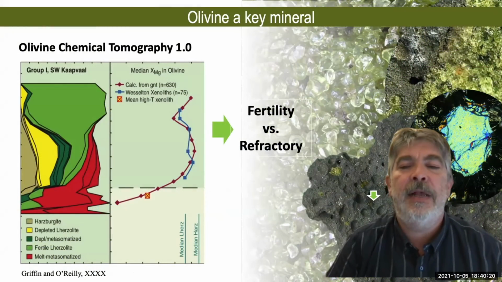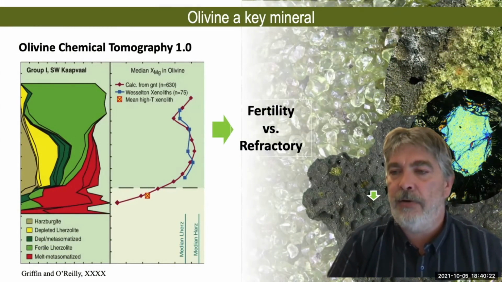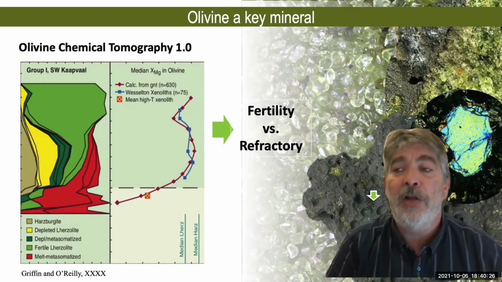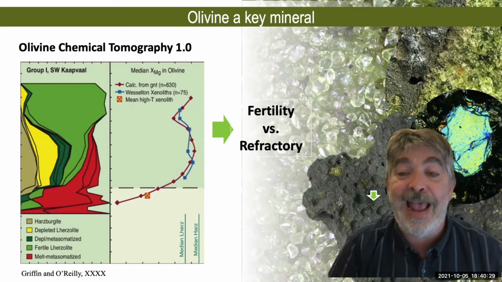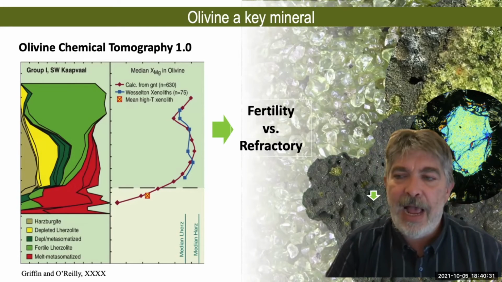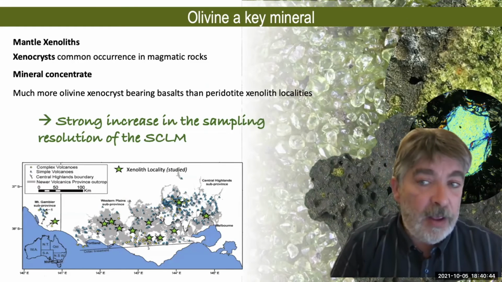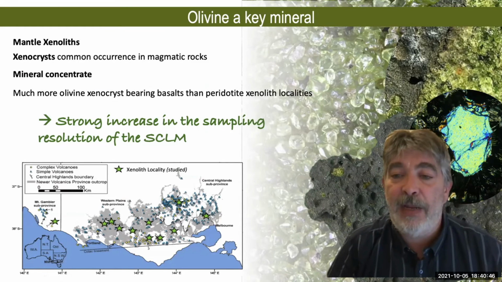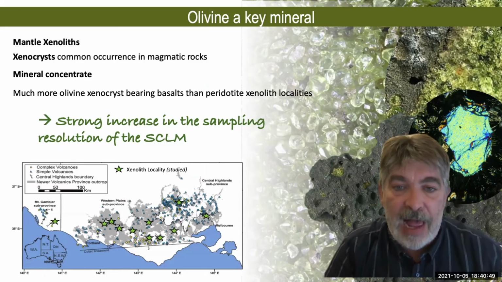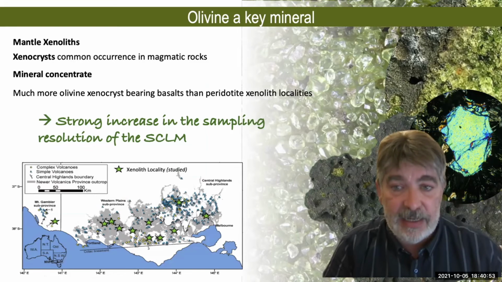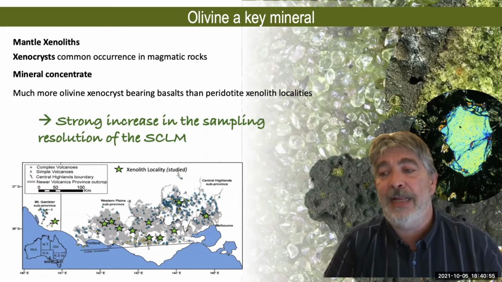For instance, the magnesium number of olivine has already been used as a key indicator in chemical tomography to distinguish between a fertile and a refractory section. And now we can extract much more information than that. First, olivine is a very widespread mineral, which can be found in mantle xenoliths, but it's also a common xenocryst in basaltic lavas, which are devoid of peridotite xenoliths.